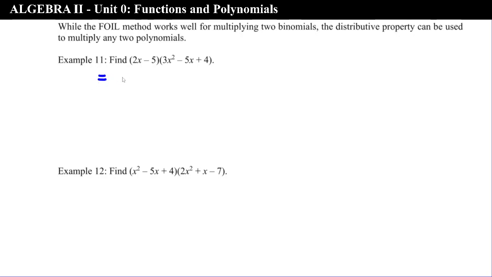So we are going to do our first term, 2x, times each of our terms in our second polynomial. So we've got 3x squared minus 5x plus 4. And then we're going to have minus 5 times our second polynomial.